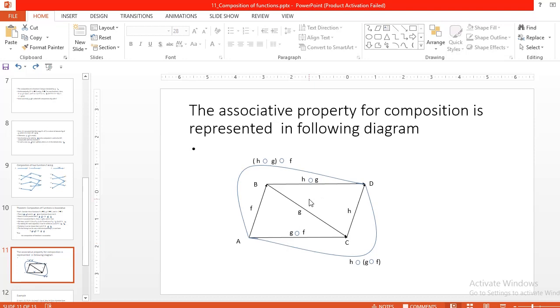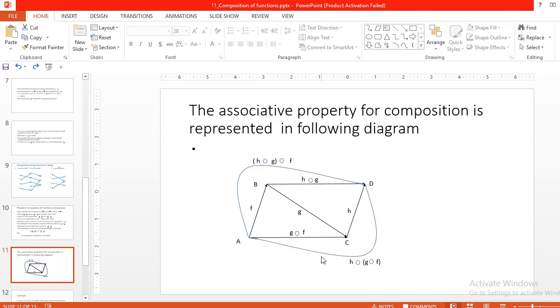Similarly, from A to D, there is a composition of three functions. How can we represent it? From A to B, B to C, C to D. So from A to D, the function will be f, and then h composition g composition f.